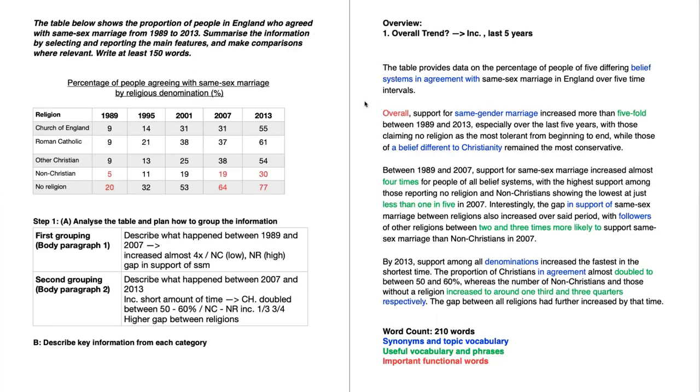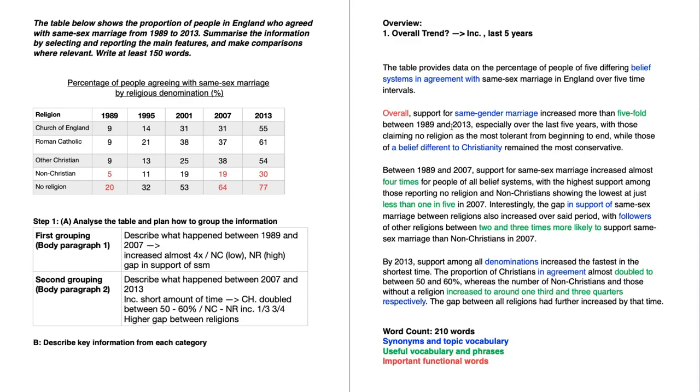Now, I already talked about differing belief systems because that is what I see in the table, and this is good topic vocabulary to have. Belief systems, very similar to religion. Now, I also said same-sex marriage here in England over 5-time intervals, instead of saying 1989 to 2013. So see how we're saying the same thing, but just doing it in different terms.